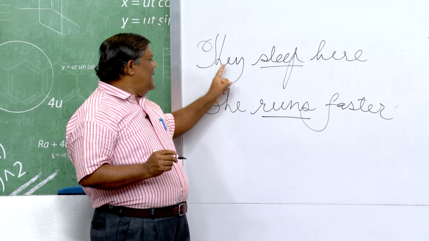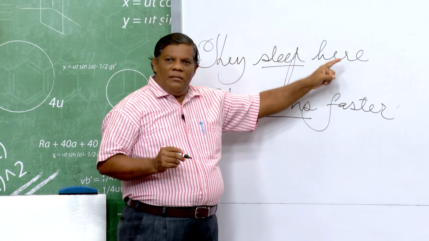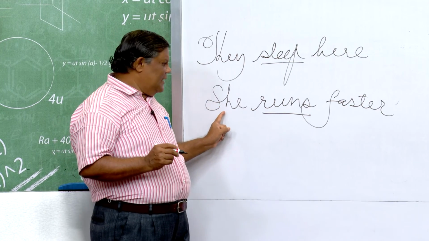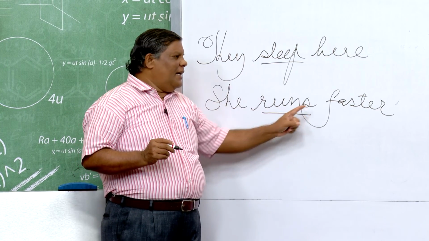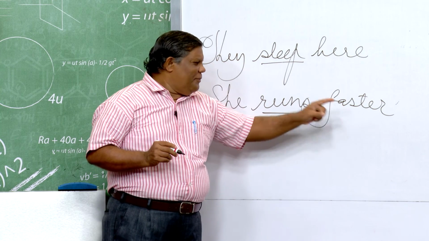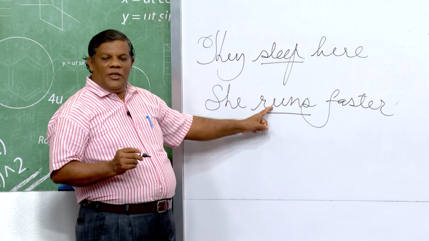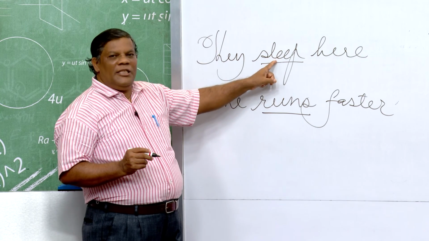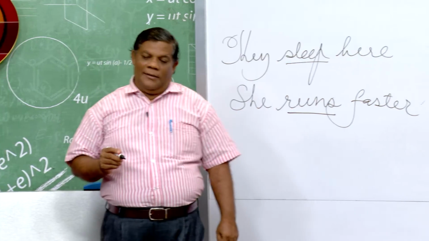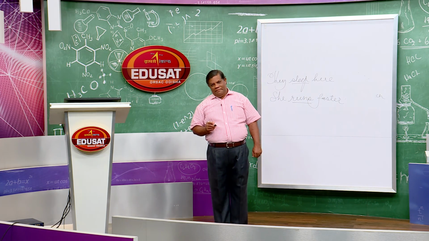Therefore, it is only S, V, and the adverbial. Here she is the subject of the sentence, runs is the verb, and faster again is the adverbial. Both the verbs are intransitive in nature because they do not carry any object.